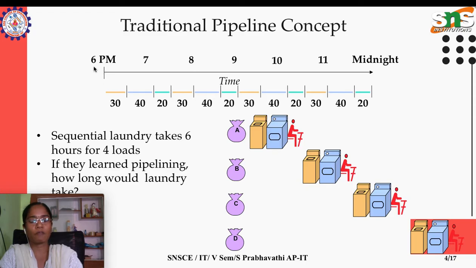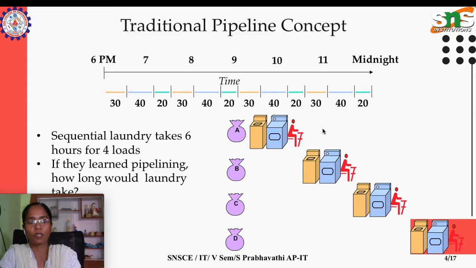Anu starts washing her clothes at 6 p.m. In sequential laundry, it takes a long time. How? Anu has the washer for 30 minutes, then the dryer for 40 minutes, and folding 20 minutes.